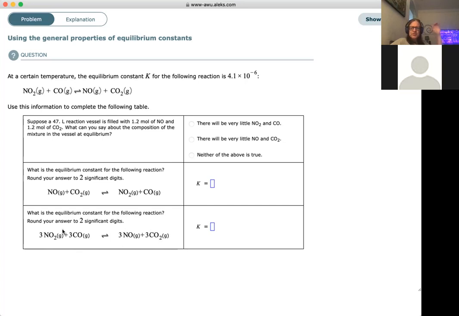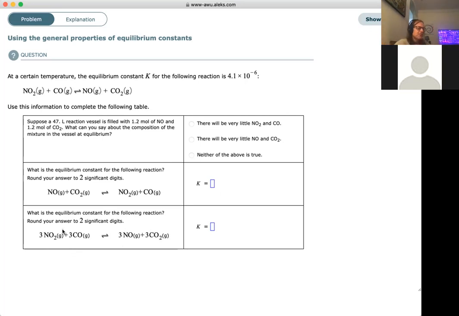They've changed the coefficients by multiplying by 3. Now, what's interesting about that mathematically is because we're multiplying things together and dividing by things together with the equilibrium expression, changing the equation by multiplying by 3 doesn't have the effect of tripling the concentrations in the equilibrium expression. It has the effect of changing the exponents by 3.